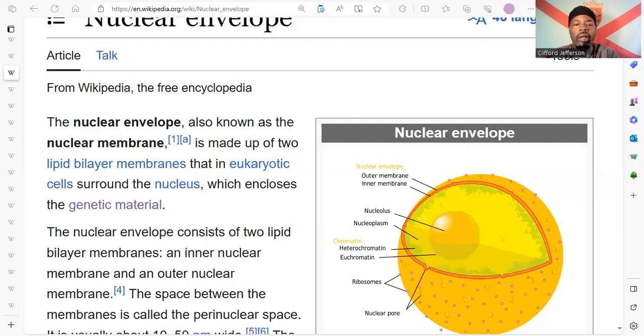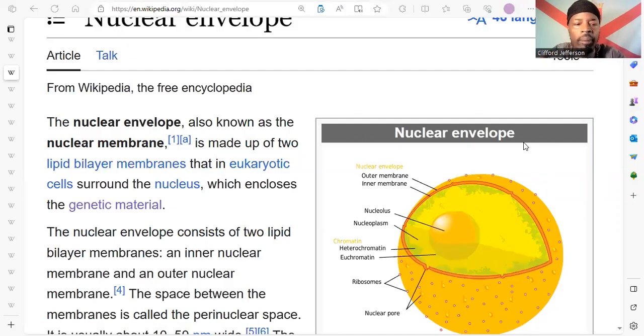We left off at the nuclear envelope. The nuclear envelope is also known as the nuclear membrane.